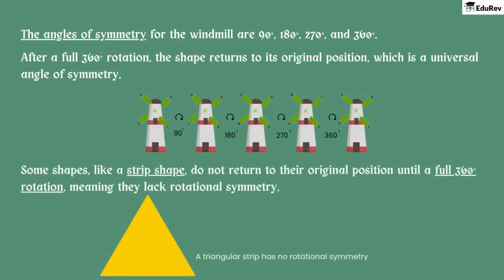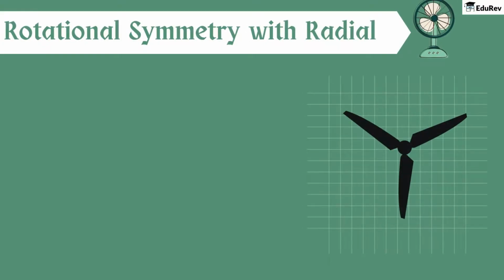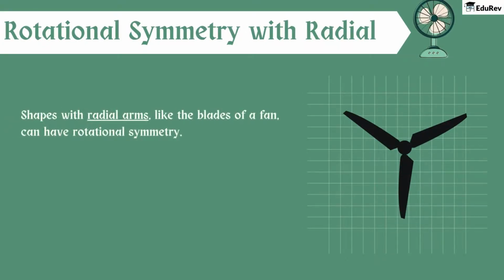Some shapes, like a strip shape, do not return to their original position until a full 360 degrees rotation, meaning they lack rotational symmetry. Rotational symmetry with radial arms. Shapes with radial arms, like the blades of a fan, can have rotational symmetry.